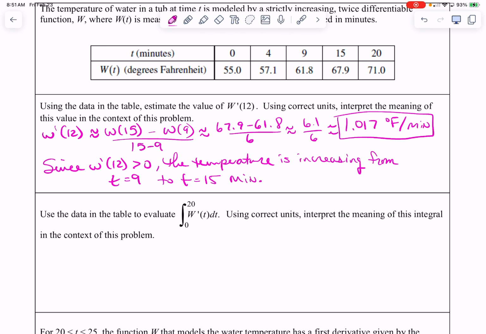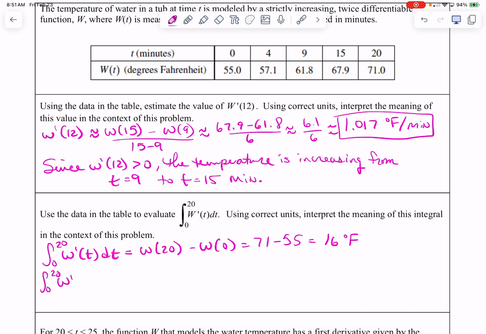So the integral from 0 to 20 of W prime t dt is just going to equal W of 20 minus W of 0, which is 71 minus 55, which is 16 degrees Fahrenheit, right? And then what does that represent? The amount of change in temperature from 0 to 20 minutes.